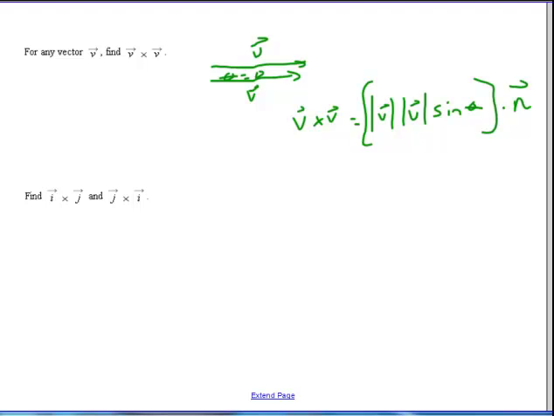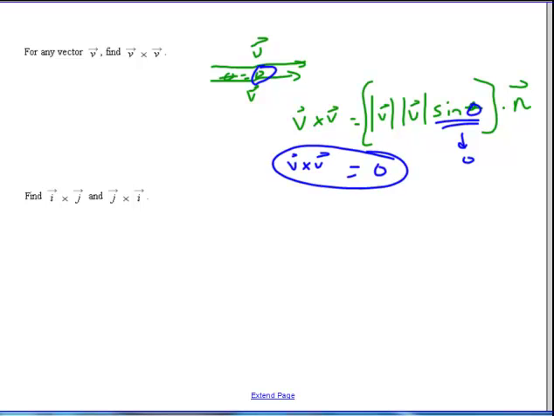Well, we can stop right here because we know that sine theta, when theta is 0, equals 0. So this whole thing is 0. So V cross V, or any vector crossing itself, gets you 0 back.